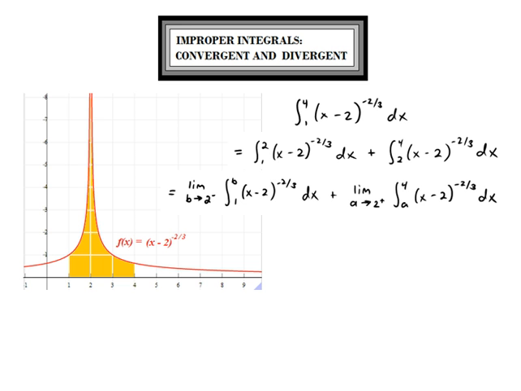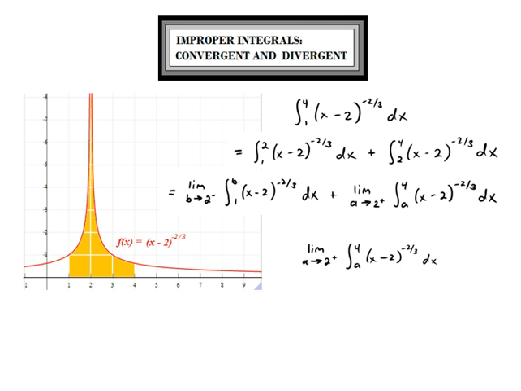We think about both of these in terms of limits. The first one we're approaching 2 from the left, and the second one we're approaching 2 from the right. The variable b in the first integral represents the right side of the bound, and the variable a in the second integral represents the left side bound.